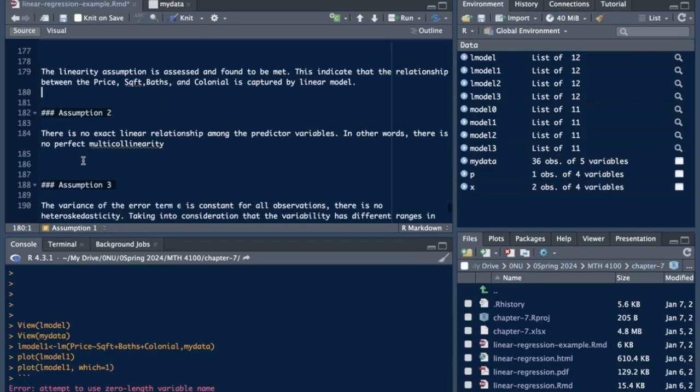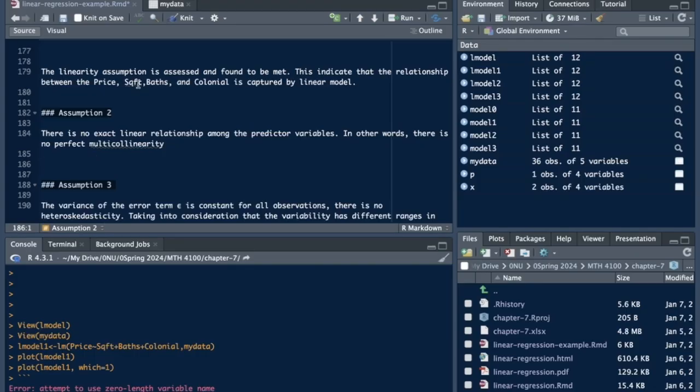The second assumption: we are assuming that there is no exact linear relationship among the predictor variables. So there is no perfect collinearity. We are going to do just one thing here. I'm not going to put so many tests. It's just enough to find the correlation between the predictor variables.